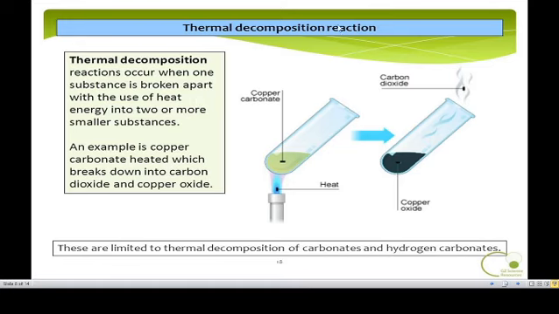This is thermal decomposition, applying heat. These reactions occur when one substance is broken apart with the use of heat energy into two or more smaller substances. Heat energy is the important one.